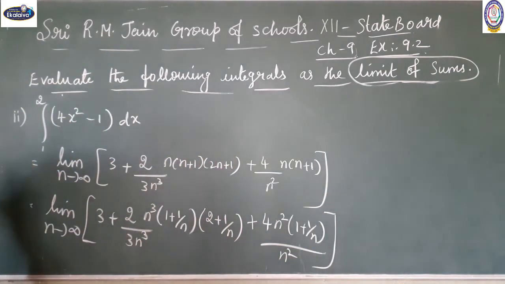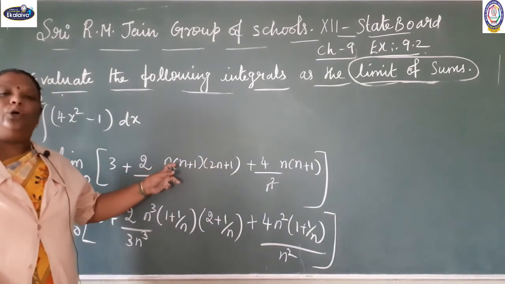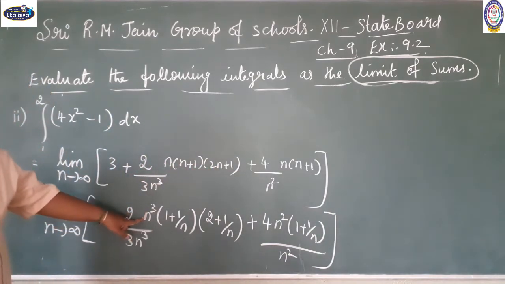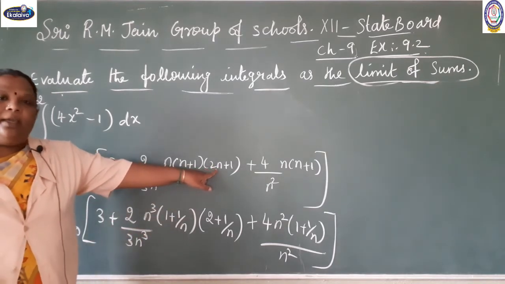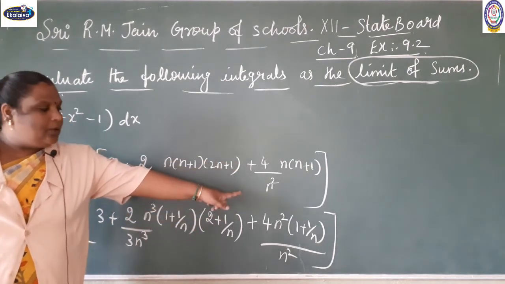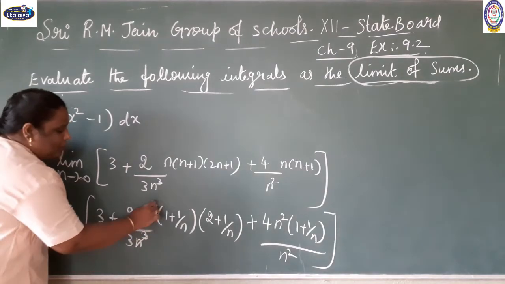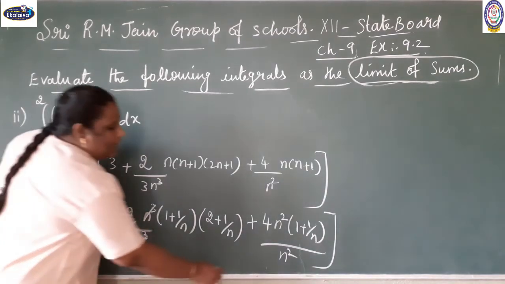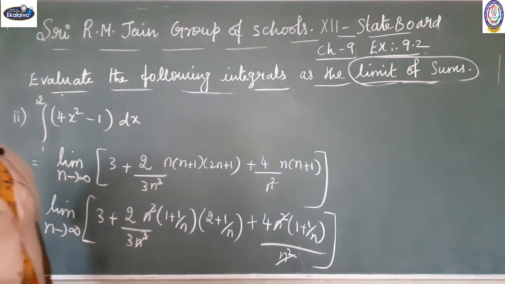Is it clear, children? So n cube gets cancelled, n square gets cancelled.